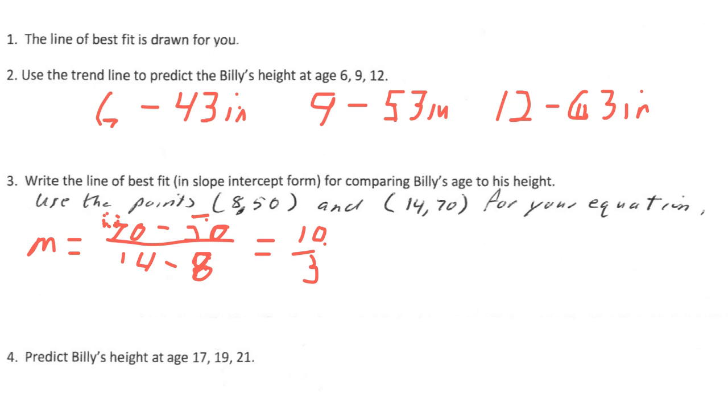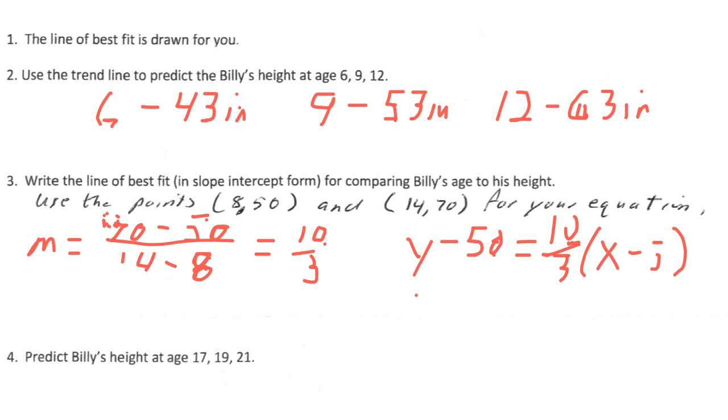I'm going to use our equation now. I'm going to go ahead and use the first point because I like to use the first point. We're going to get y minus 50 equals 10 over 3 times x minus 8. Well, that was 8, not 3.